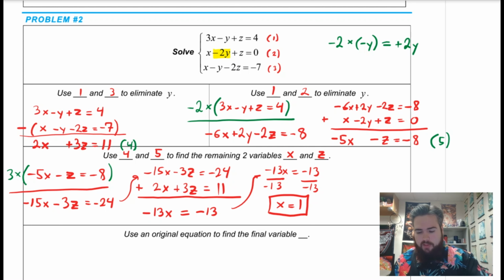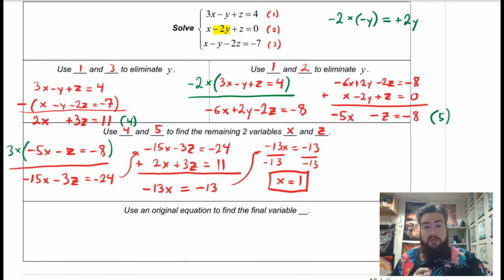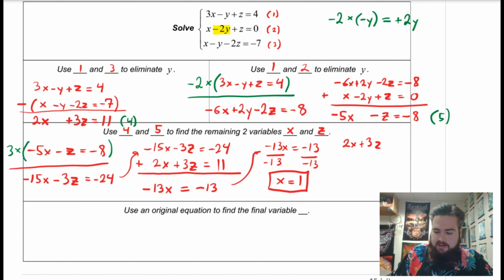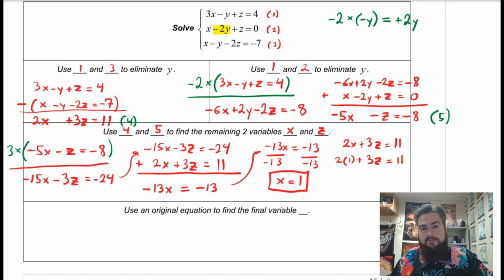Now that I solved for one of those variables, I now have the value of x. I will stay here and plug x equals 1 into either equations 4 or 5, whichever one I so choose. I'm going to use equation 4 because there's more positive numbers there. I like positive numbers. So I'm going to take equation 4, that 2x plus 3z equals 11. I'll plug in 1 for x and attempt to solve for z.